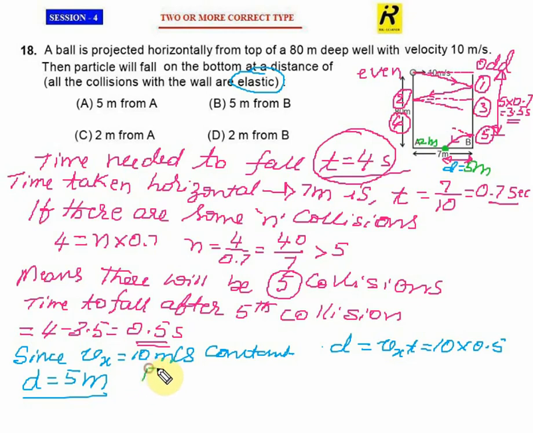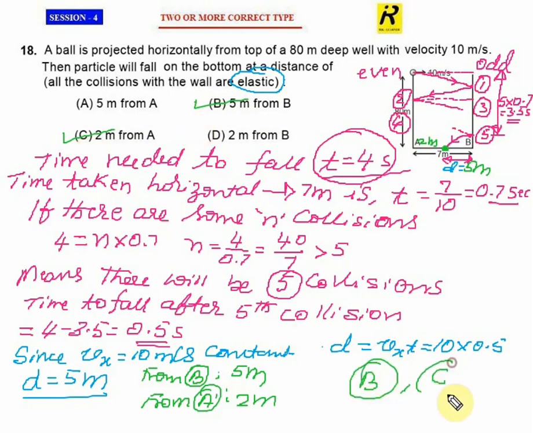So from point B it will be 5 meter, and from A it will be 2 meter. So our answer is 5 meter from B, and from A it is 2 meter. So the correct options are B and C. These are the answers you must get.